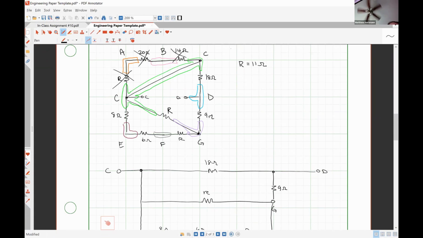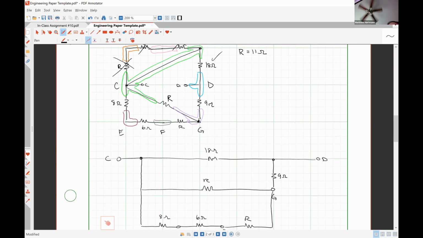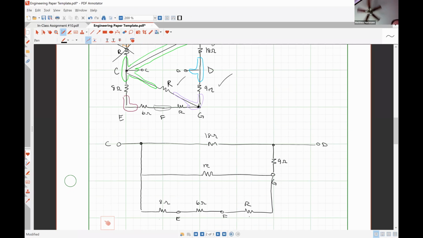I have that 8 ohm resistor, 18 ohm resistor taken care of. I have the 9 ohm resistor between D and G taken care of. I have the resistor R between C and G taken care of. I have the 8 ohm resistor between C and E taken care of. The 6 ohm between E and F taken care of. And the R between F and G taken care of.